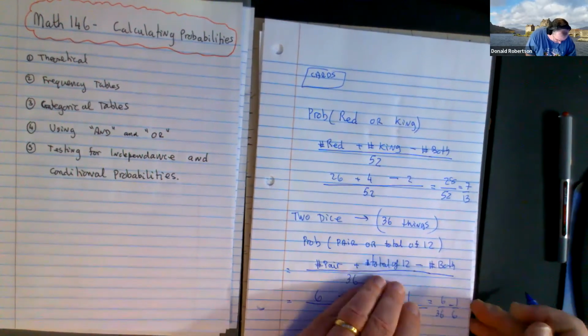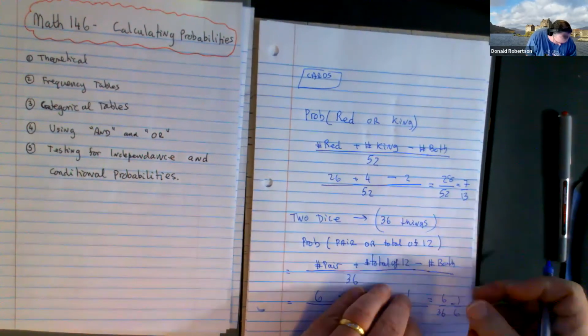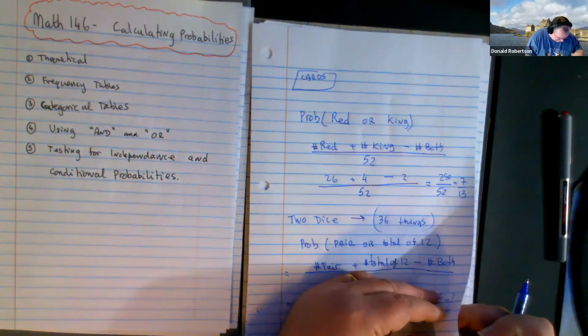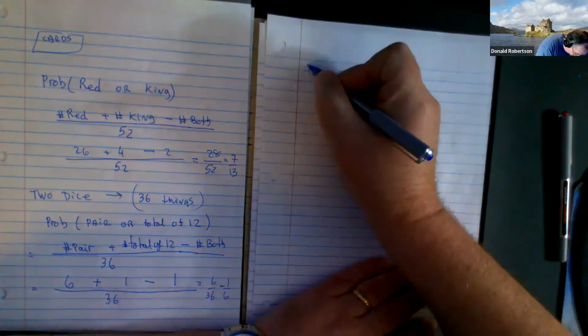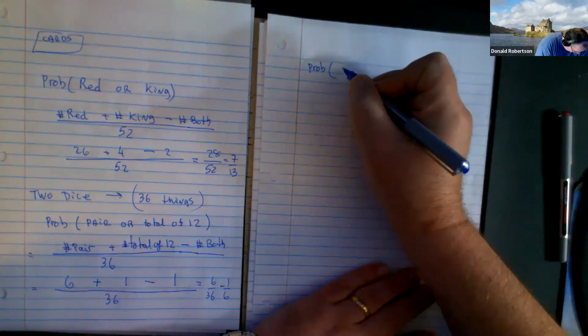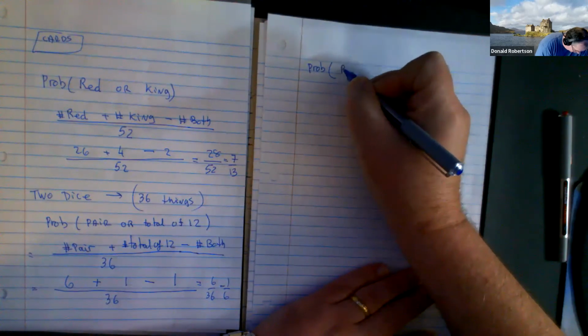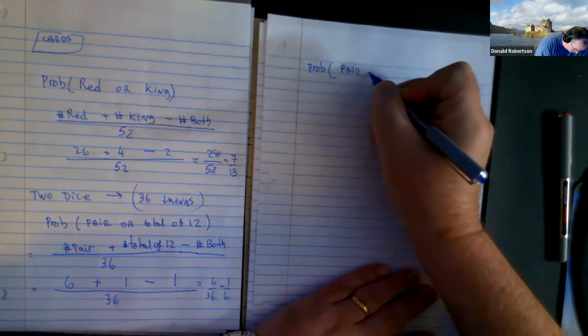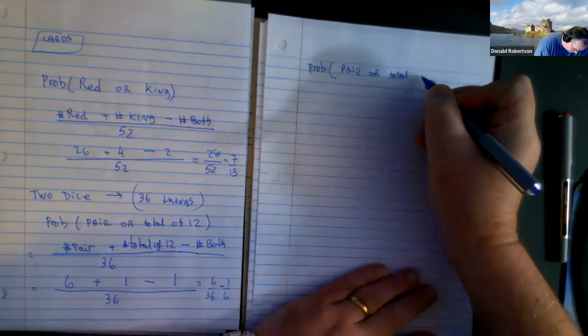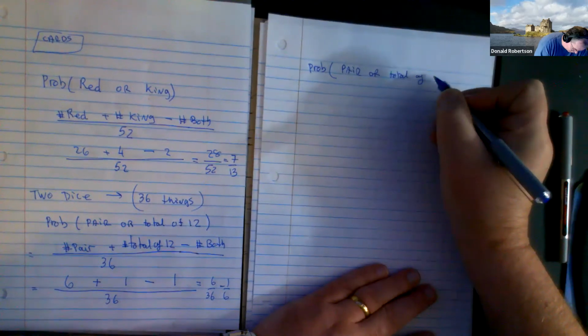Well, that gets us into the idea. There we go. I'll just change it a little bit now. What's the probability that you get a pair again, or a total of 8?